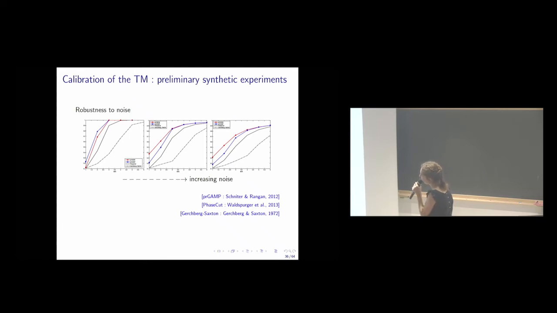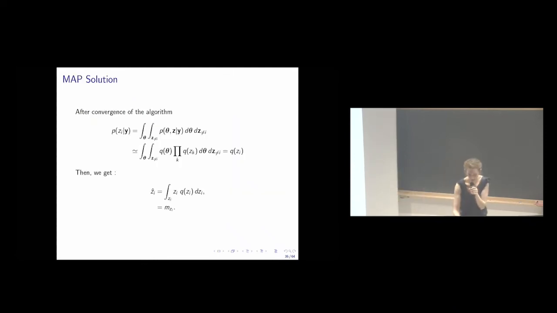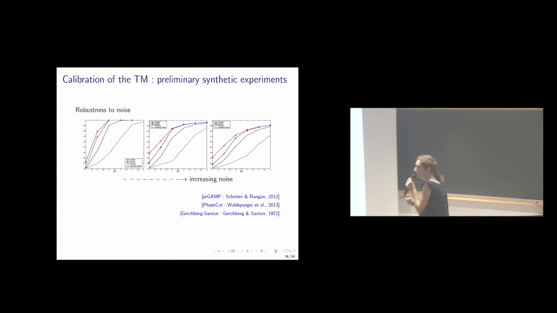You have here the correlation. Sorry, I should have begun with that. Because I'm dealing with a synthetic experiment, I know everything. So this is the correlation between what I estimate and the truth, how I constructed my data. This is what I'm measuring, the correlation between both, as a function of the number of measurements.